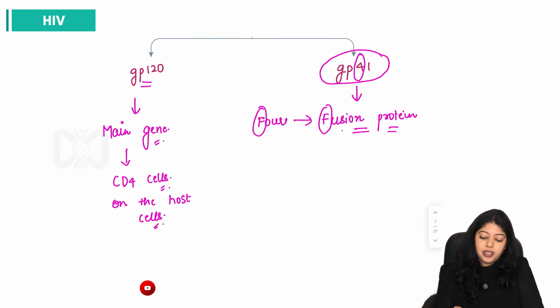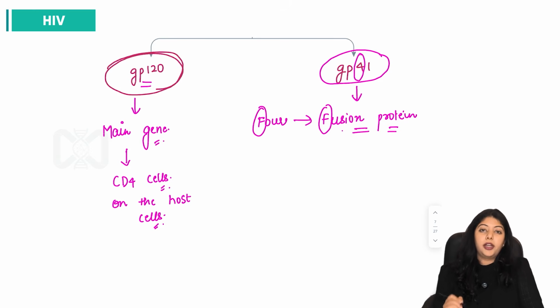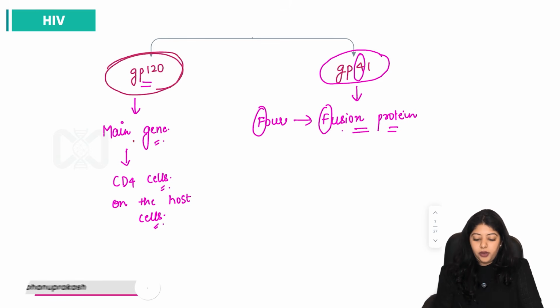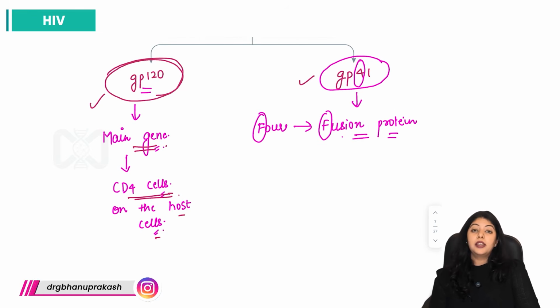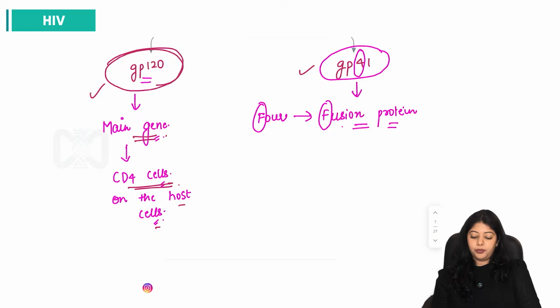So this is the main docking site attaching to CD4 cells on host cells. These are the two main important functions of the envelope glycoproteins.